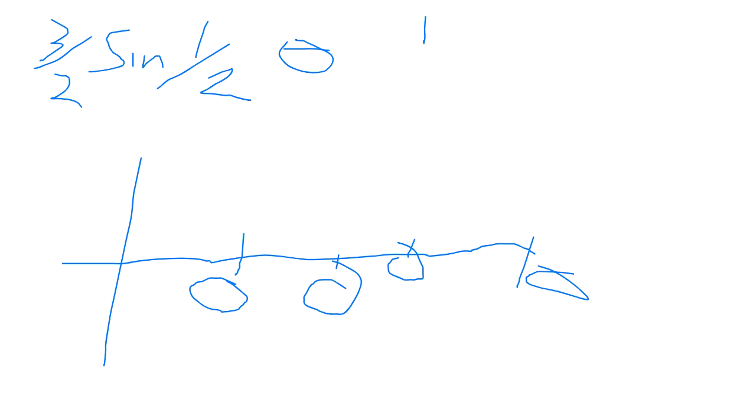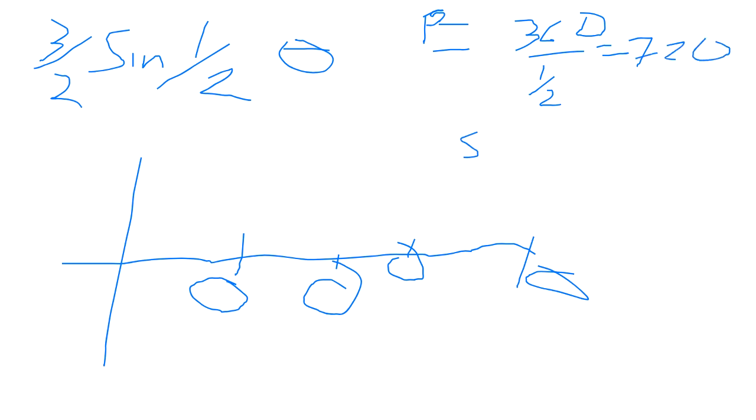Our period was 360 over half. That gave us 720. So our step is going to be 720 over 4.